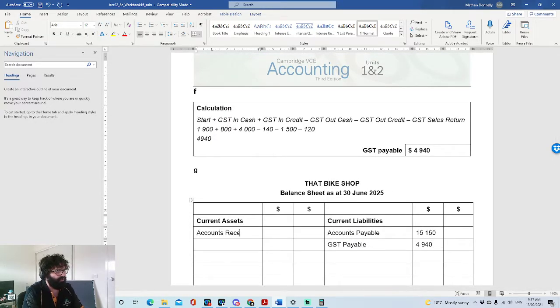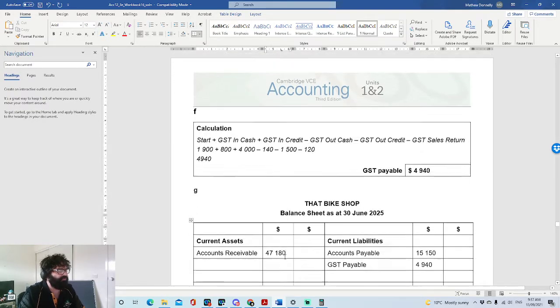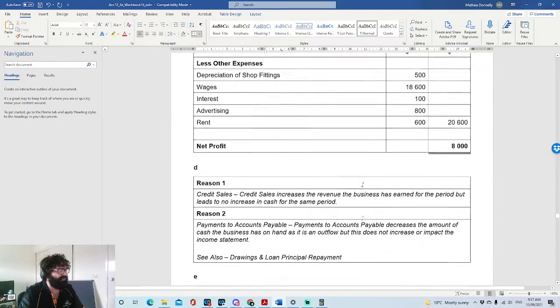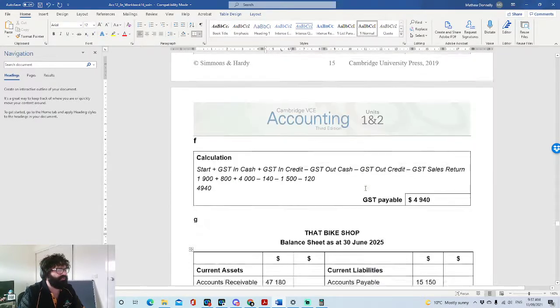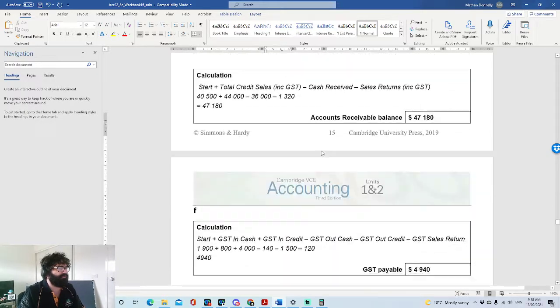Now, it doesn't matter what order you put these in, just a heads up. General rule of thumb, I do like to put bank first, but that's not a hard and fast rule. So we've got those three we've calculated.